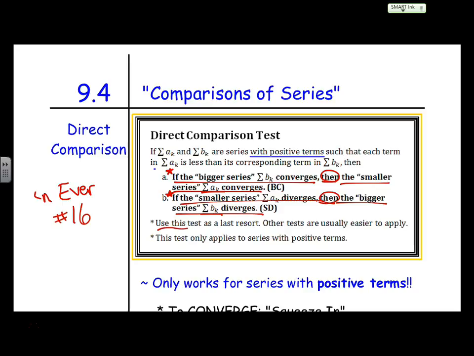Use this test as a last resort. It's kind of awkward because we're covering it first in the sense of the two comparison tests. Other tests are usually easier to apply, not always. And once again, this test only applies to series of positive terms. That's pretty important. It can't be alternating. It can't be totally negative.